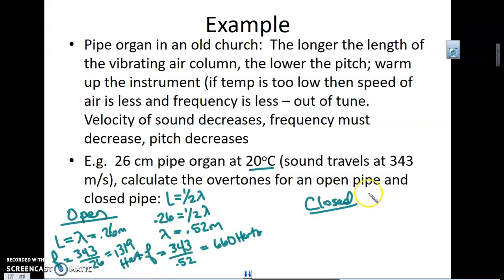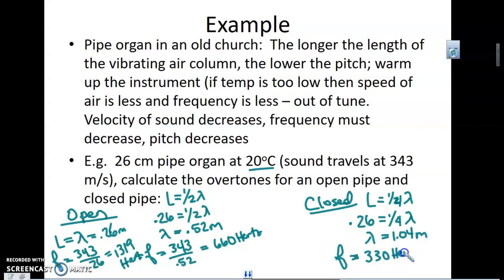If it were closed, the length would equal 1/4 wavelength, and then what we would say here is that our wavelength is 1.04 meters. Our frequency then would be 330 hertz if we took the 343 divided by the 1.04. That's actually our fundamental.